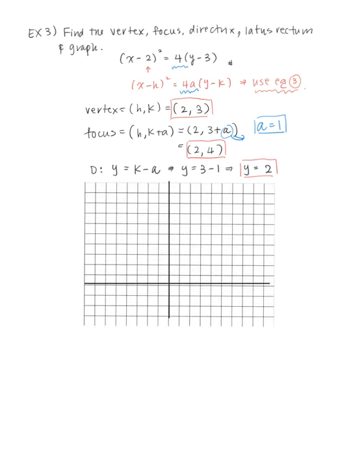The vertex is at 2 comma 3, and the focus is at 2 comma 4. So that means, of course, the parabola has to open upward. And the directrix is y equals 2.